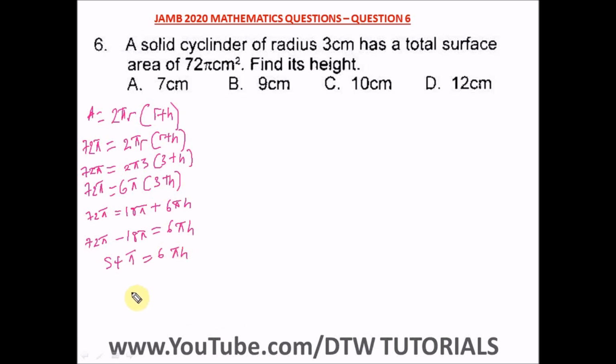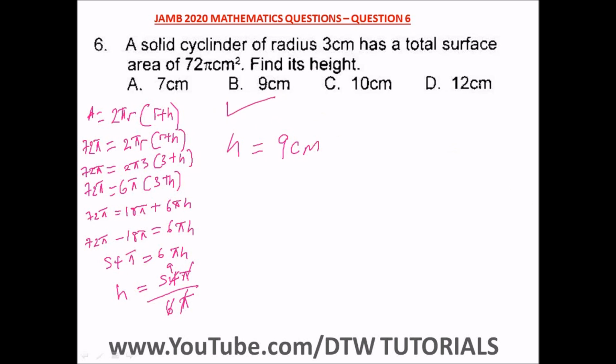So we make h the subject of the formula, so h, which is our height, equals 54 pi over 6 pi. So pi cancels pi. 6 in 54 gives us 9. So therefore our h is equal to 9 centimeters. So that is our B.